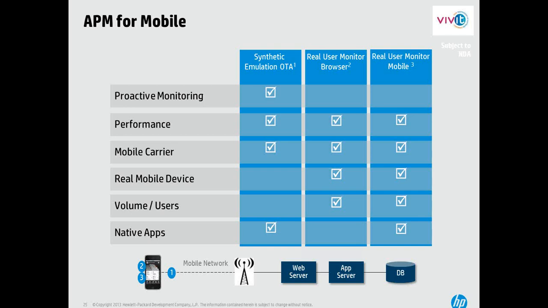With the mobile probe that we have, which is the real user monitor for mobile, we do all of the above: performance, understanding the mobile carrier, the real mobile devices, the volume of users, and also all of this from the native applications that could be running on the mobile device.